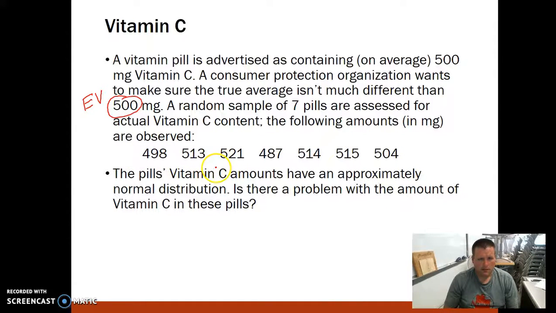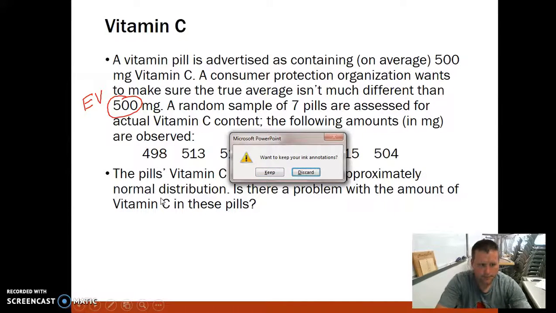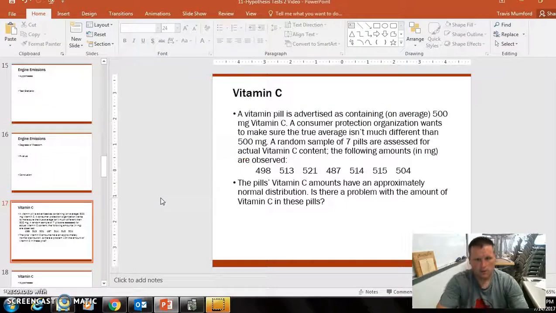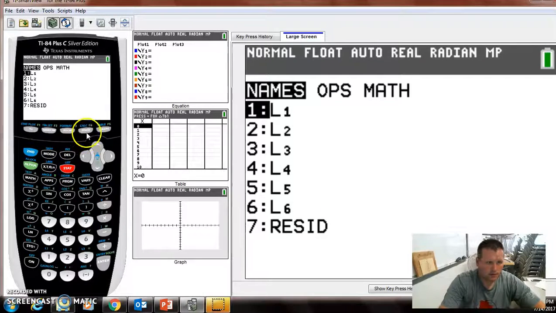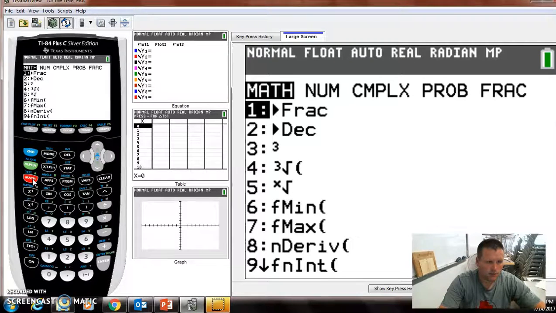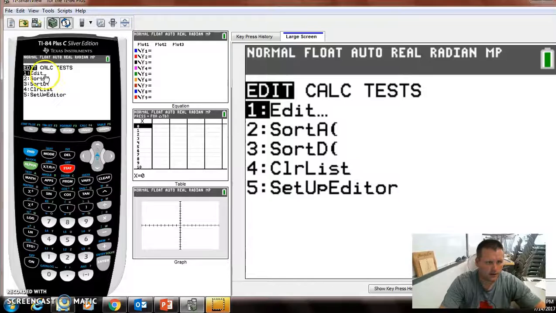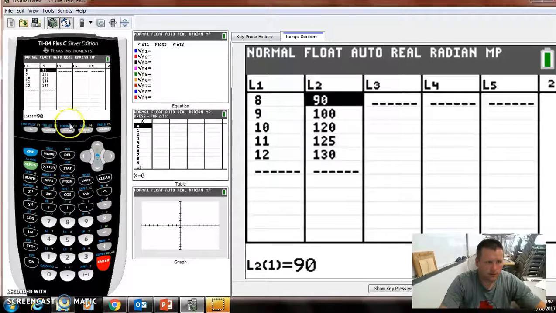Okay, so let's go do that really quick. So we're just going to use our calculator for this. If you guys remember how to do this, we're going to put in a list here. Whoops, sorry. No, we're not going to do that. We're going to go math. Nope, no, stat. Sorry, my bad. I hit the right key, just had the wrong thing. We're going to edit here. We're going to put our list in here.